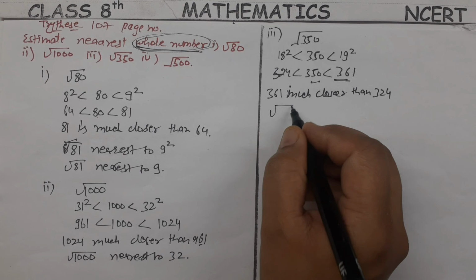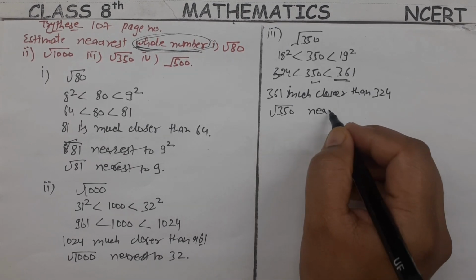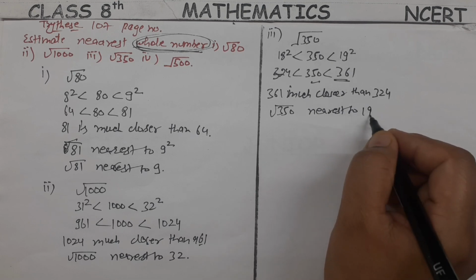So the square root of 350 is nearest to 19.